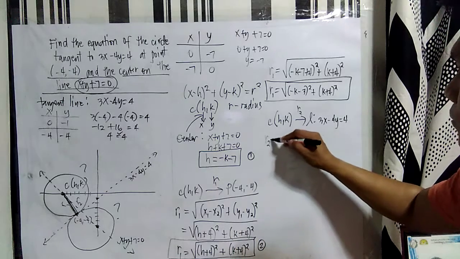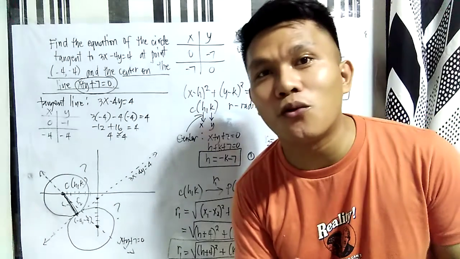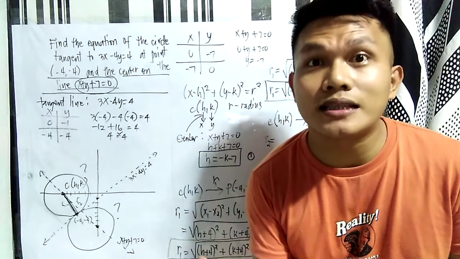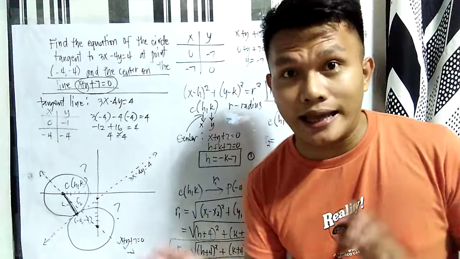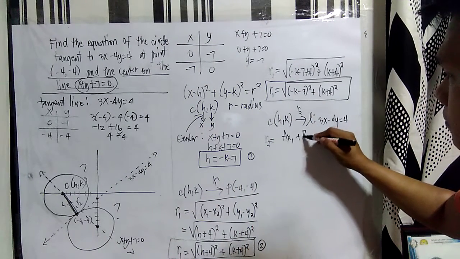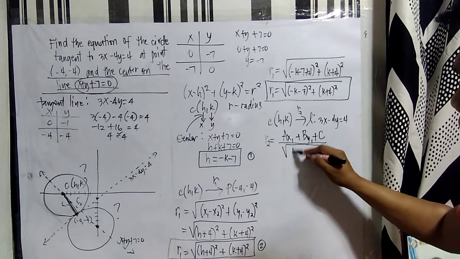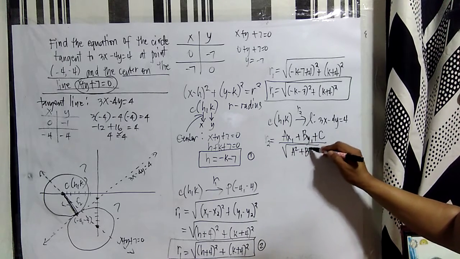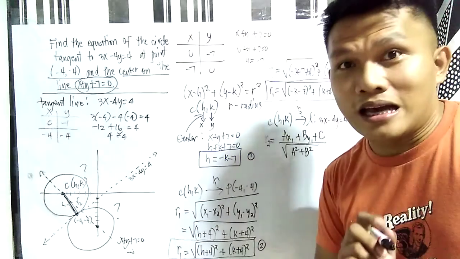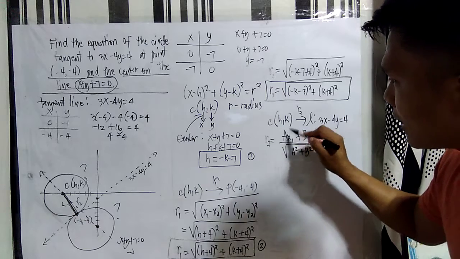So R sub 2 is equal to, ano ba yung formula na ginagamit natin pag kumukuha tayo ng distance between a point and a line? We have ax sub 1 plus by sub 1 plus c all over the square root of a square plus b square. Okay, so para makuha natin, ano ba yung sinasabi nating ax sub 1?